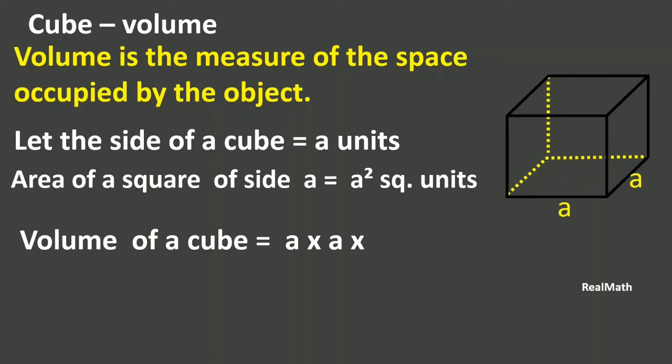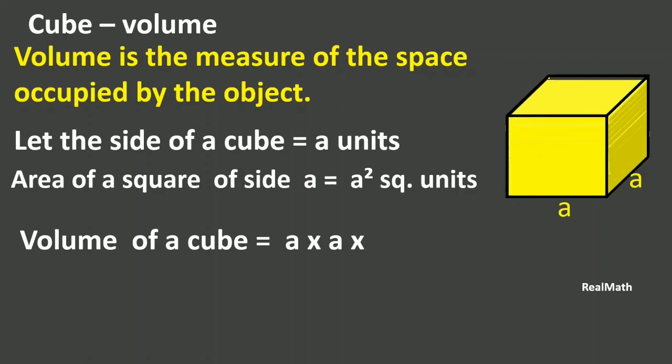Now volume of the cube. You are going to find out the volume. So for that, already A into A, that is in X and that is in Y direction. Now we are going to measure with the height. Then we are going to fill it up with the squares of height A. So into A. Cubic units.